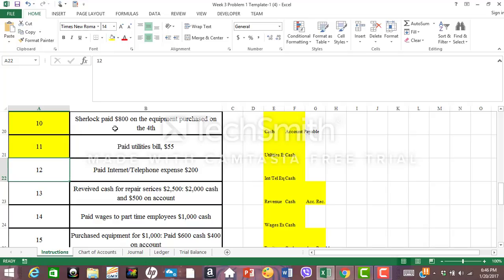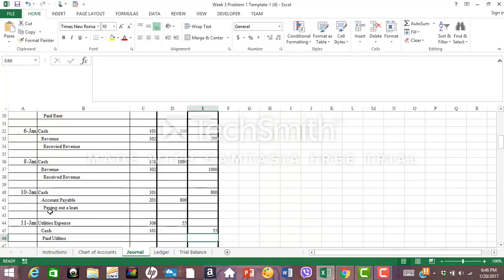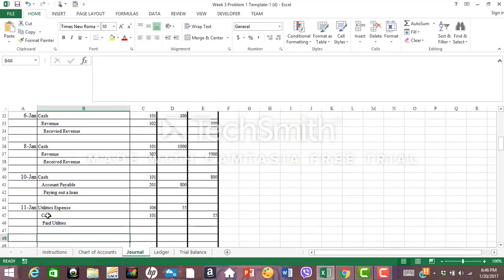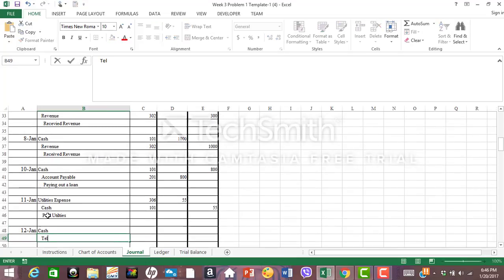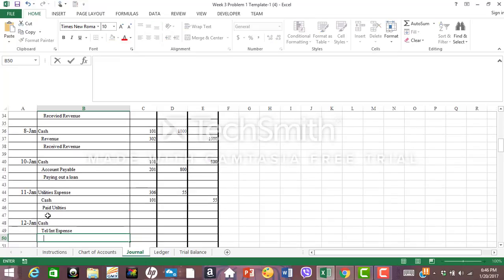So we go on to the next transaction. It is paid internet telephone expense for $200. It is January 12th, and it is cash, and it is telephone internet expense. Paid bill, and this would be cash is 101.